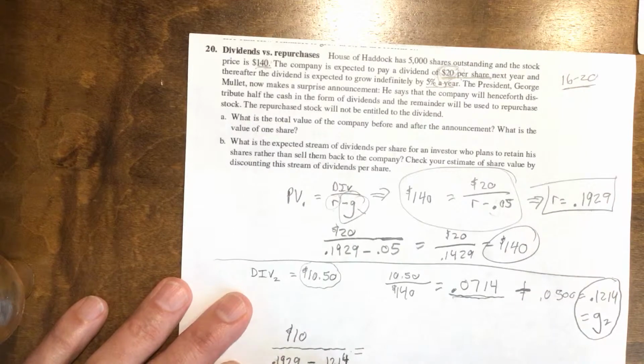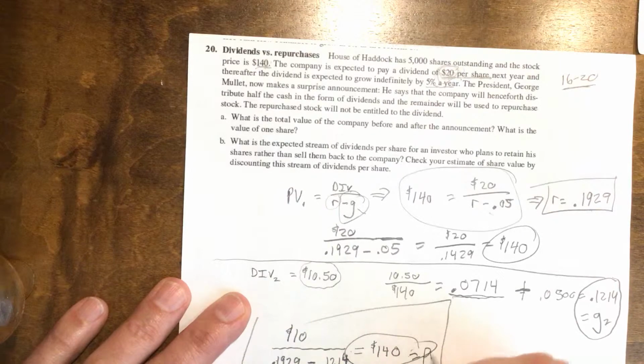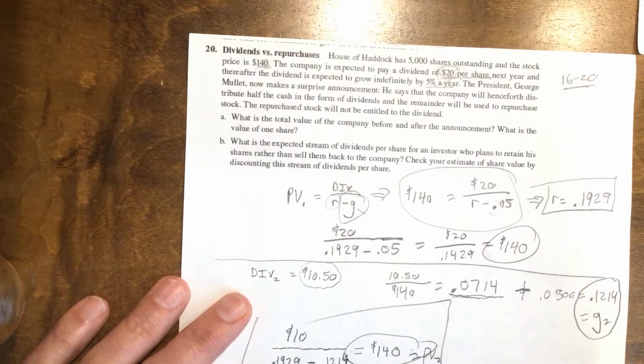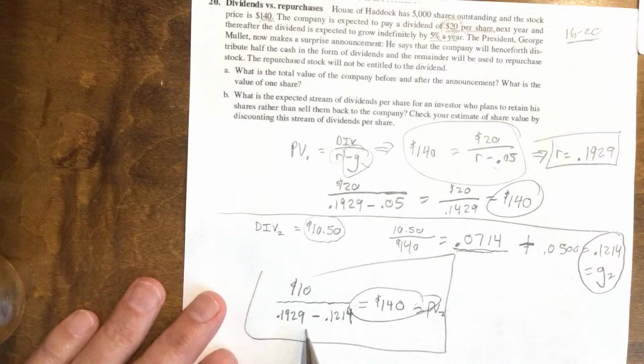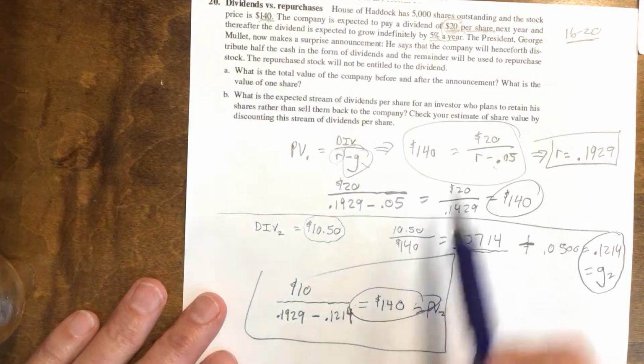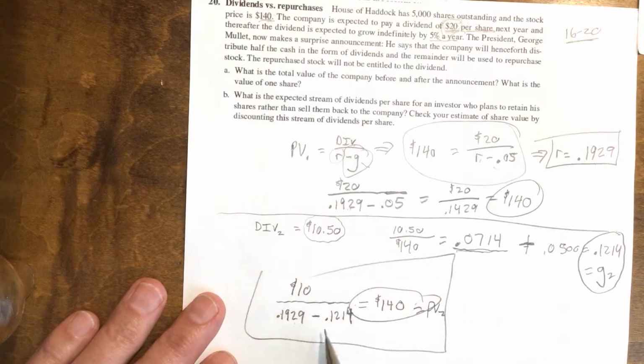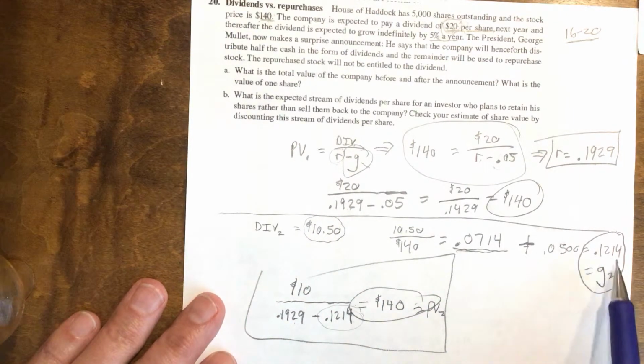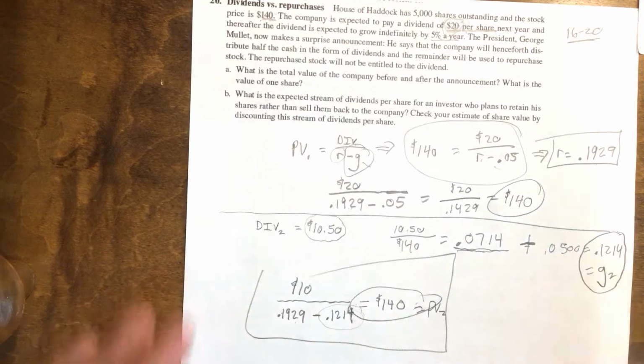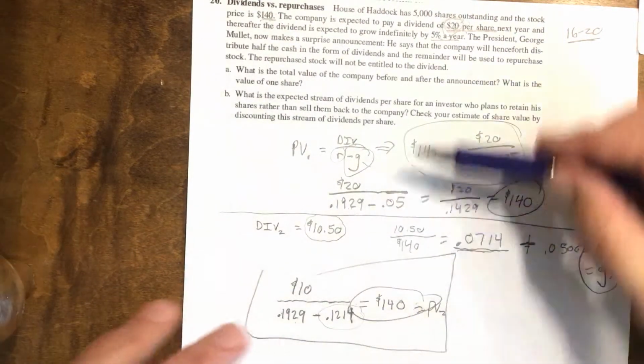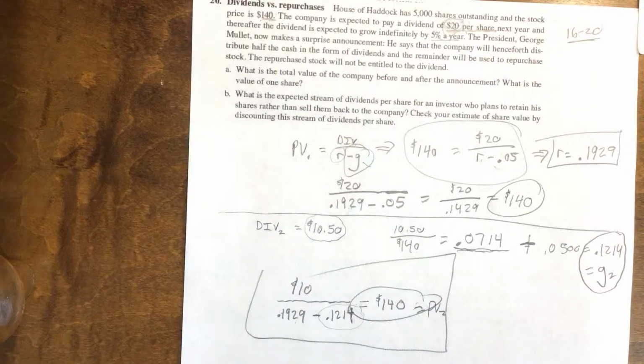So if you plug all these numbers into your calculator, voila, because of rounding it's a few cents off, but you get the $140 per share, which I'll call PV2 again. So $10 divided by the same R, same discount rate, but subtracting the new growth rate gives you the same $140 per share using this perpetuity growth model.